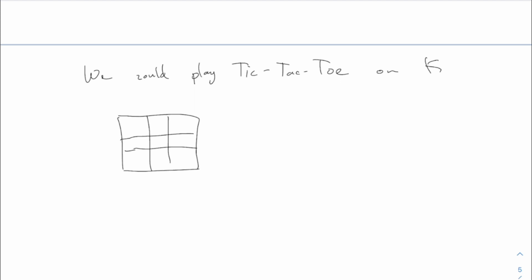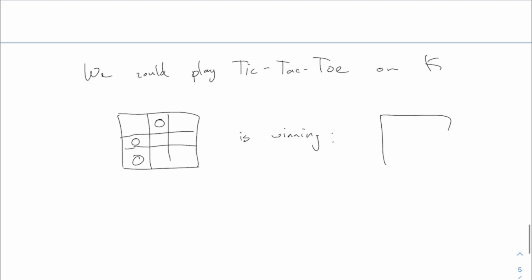On the Klein bottle, I was able to find this. This actually is a winning configuration. If I draw this again, starting here, I can go diagonally like that.